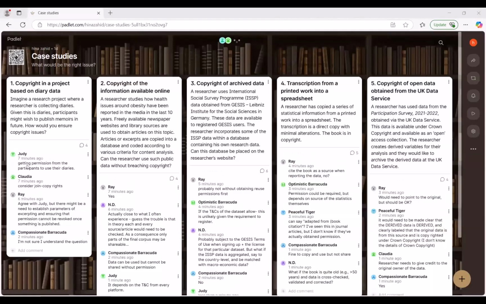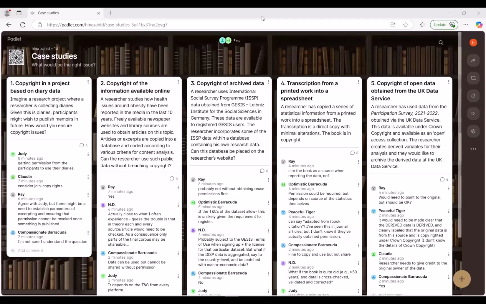There is a comment on the first case study. Someone has not understood the question. So this is in the context that you imagine a research project where a researcher is collecting diaries.